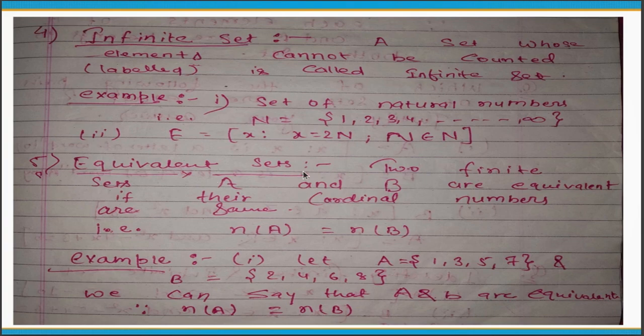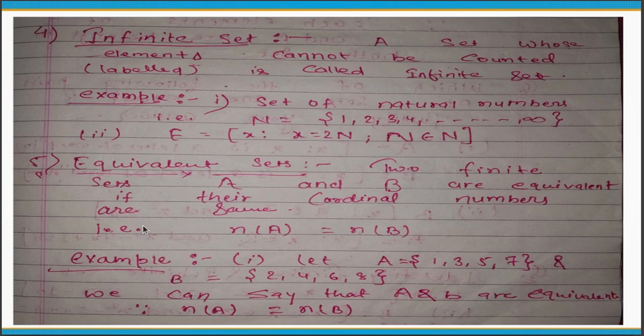Equivalent sets. Two finite sets A and B are equivalent if their cardinal numbers are the same.